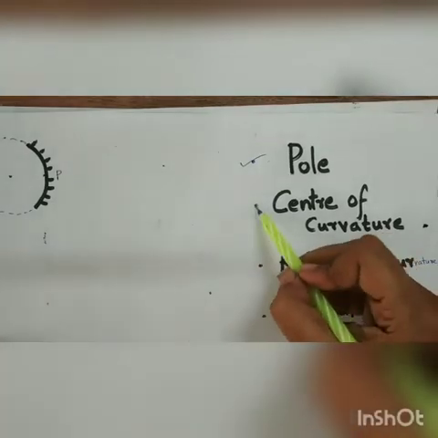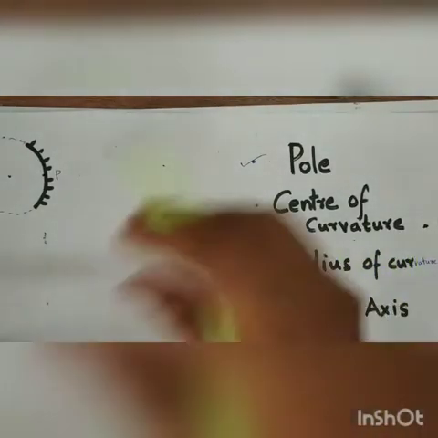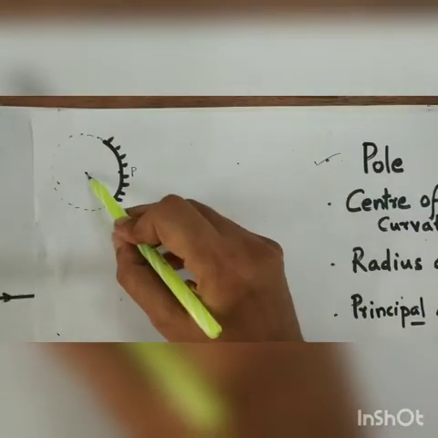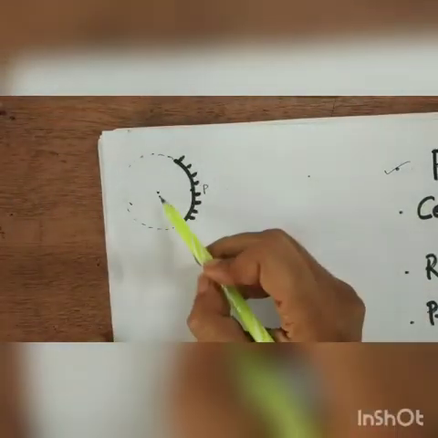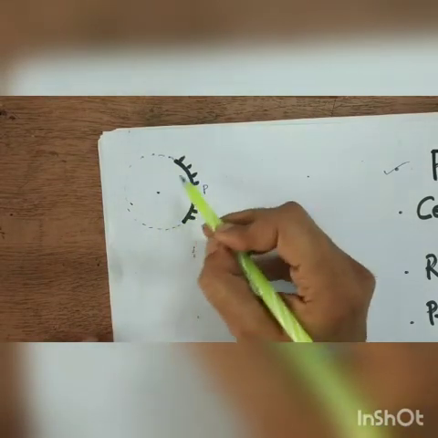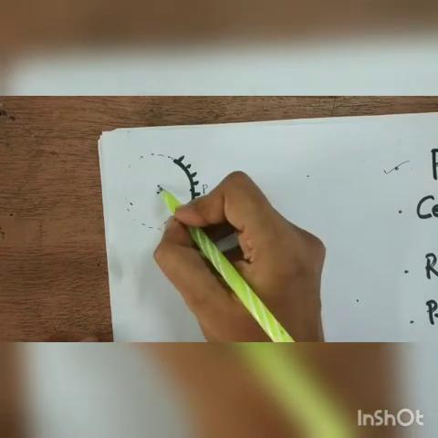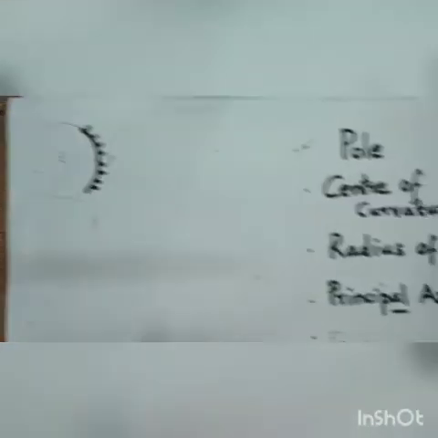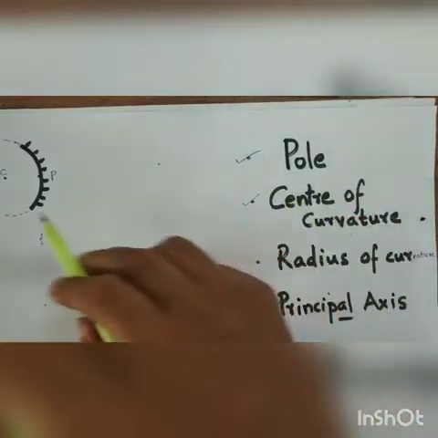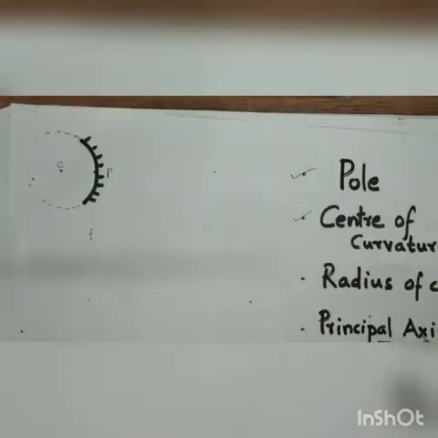Next, center of curvature. Center of curvature of a spherical mirror is the center of the sphere. I told you the spherical mirror is part of a sphere. The actual center of the spherical mirror is called the center of curvature and is represented by the letter C. So, center of curvature is the actual center of the sphere of which the mirror forms a part.